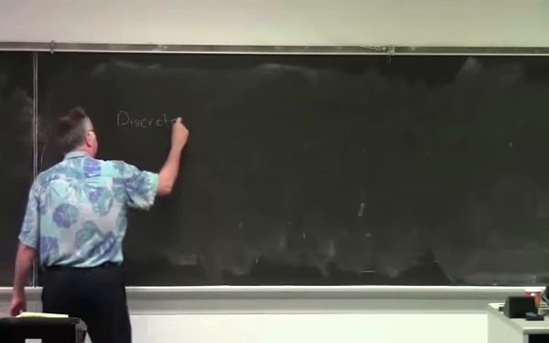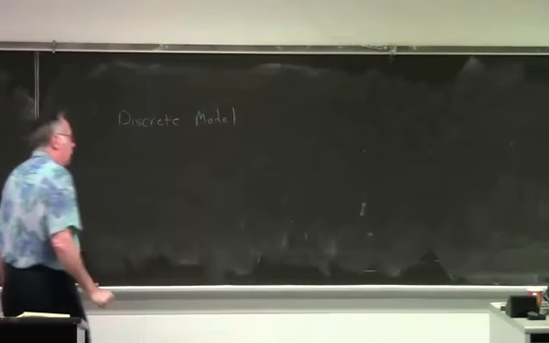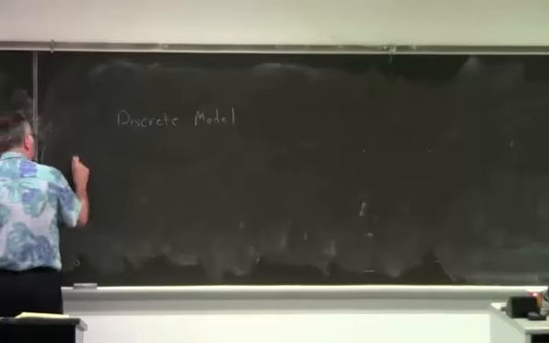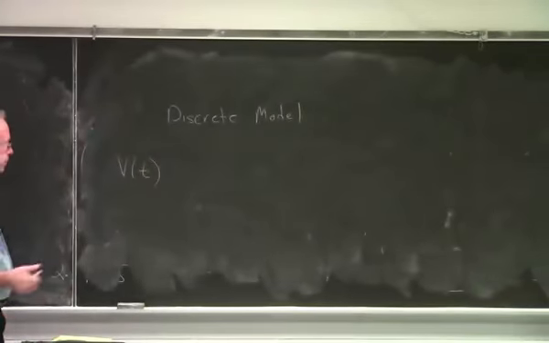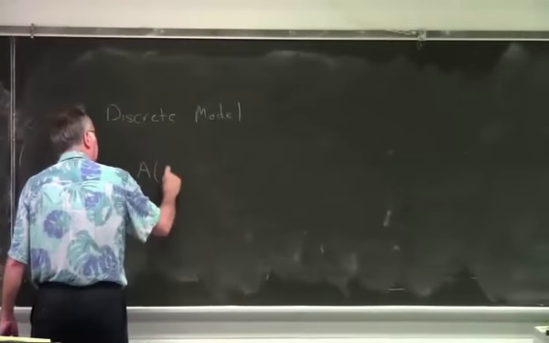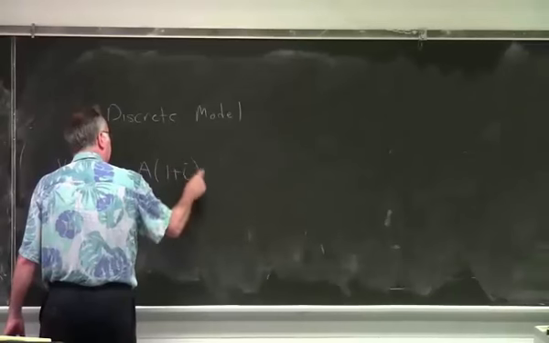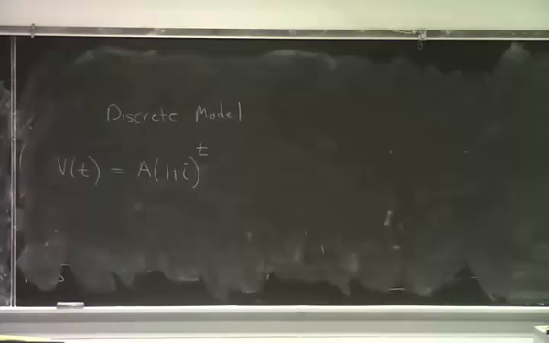In the discrete model, we had this formula. The future value of money, let's put it in a financial context, is V equals A times (1 plus I) raised to the t power. And let's assume I is the annually compounded interest rate again.